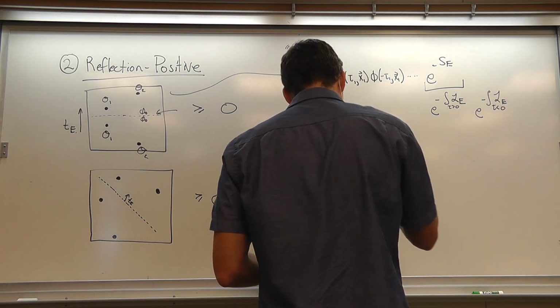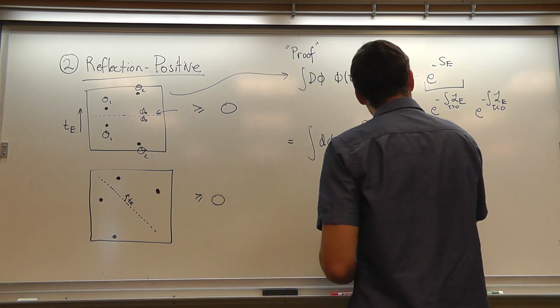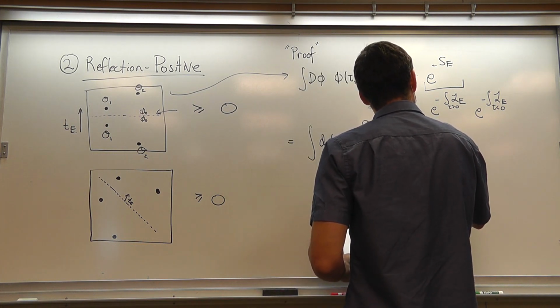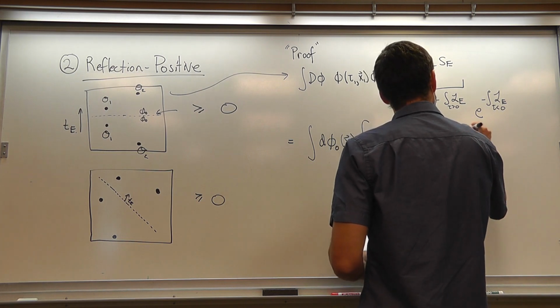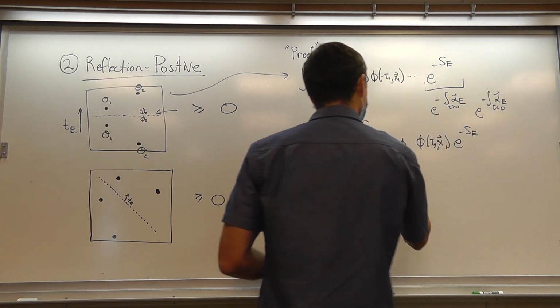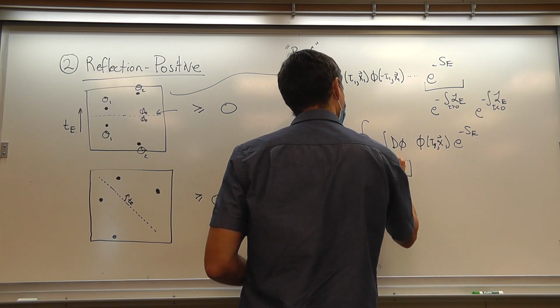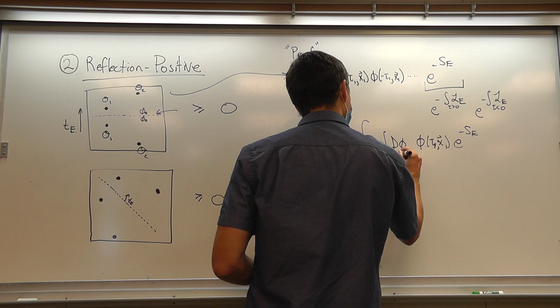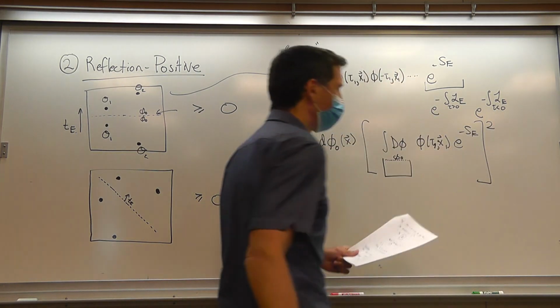That something squared is the path integral d phi of tau 1 vector x1 e to the minus S_E integrated over the half space with boundary condition phi naught at the top. That's squared.